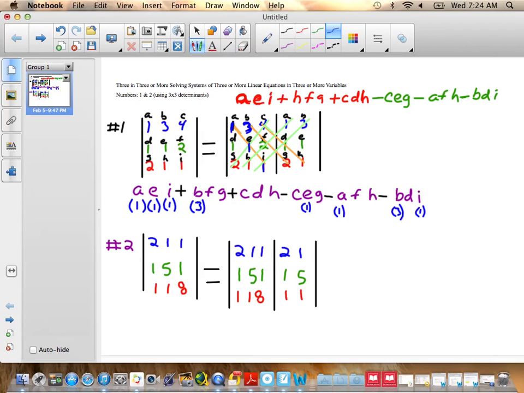Then I look at F. F's were 2's, so I find my F's and put a 2 in. Then G, which was also 2.